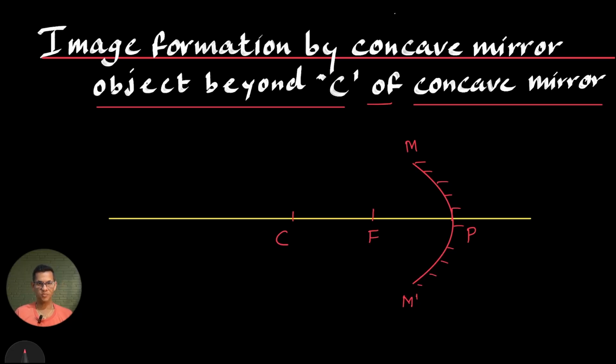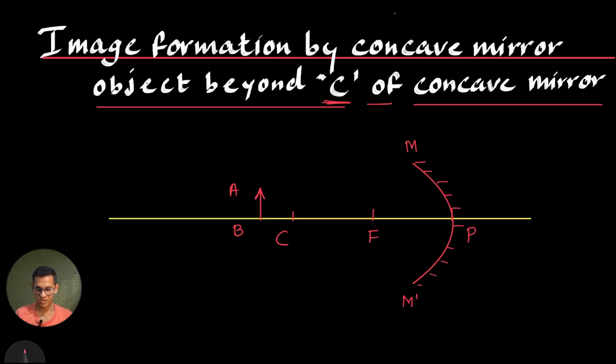Now we are going to place the object. Generally, the position of the object is given in the question. So here I have written object is placed beyond center of curvature. So let's place the object beyond C, after C on the principal axis. For representing the object, we'll draw an arrow after C, and we'll name it as A, B. The height of the object can be around 1.5 to 2 centimeters.